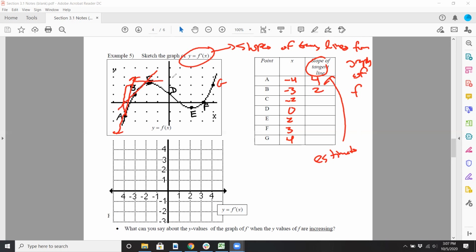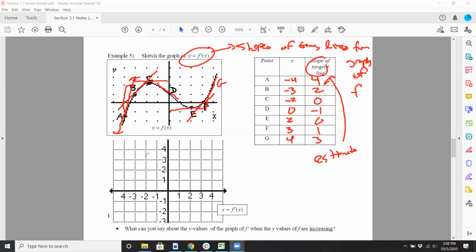It's definitely flat. Usually that happens when you have a peak. Negative here, we'll say it's negative 1. Definitely flat over here, we'll say it's 0. Definitely positive here, we'll say 1. And then at G, we'll say it's about 3. Again, these are just estimates.